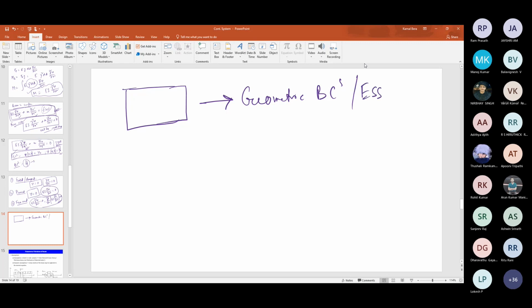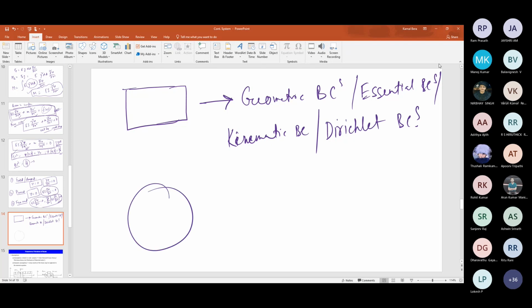They are also known as essential boundary conditions, also known as kinematic boundary conditions, and after the name of the scientist, Dirichlet boundary conditions. The circled ones are known as force boundary conditions, or natural boundary conditions, or after the name of the scientist, Neumann boundary conditions.